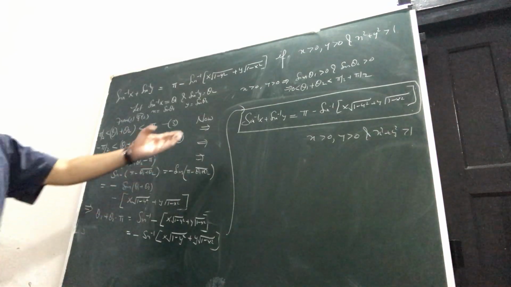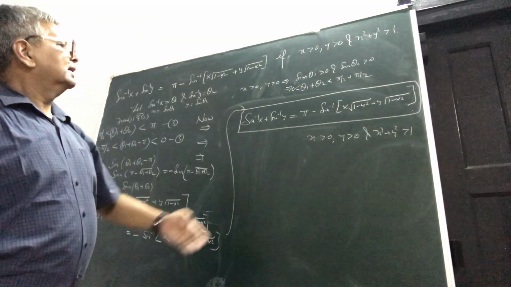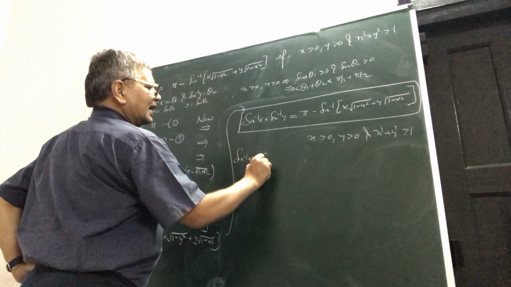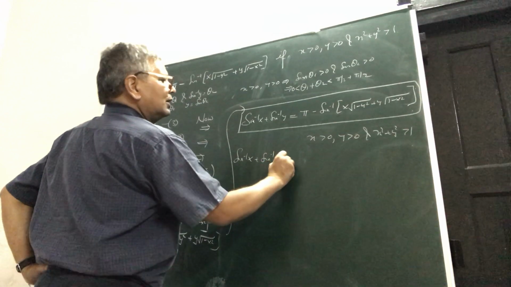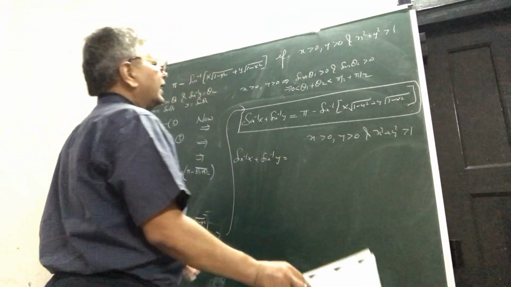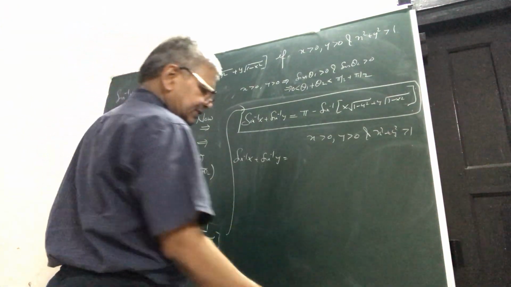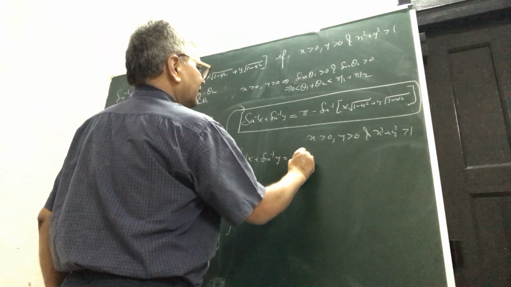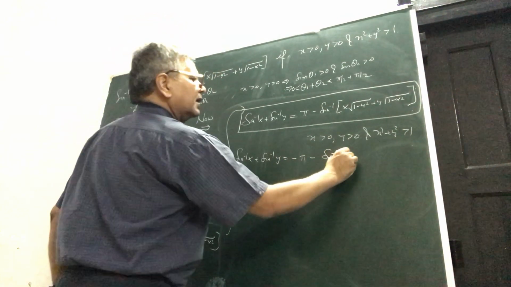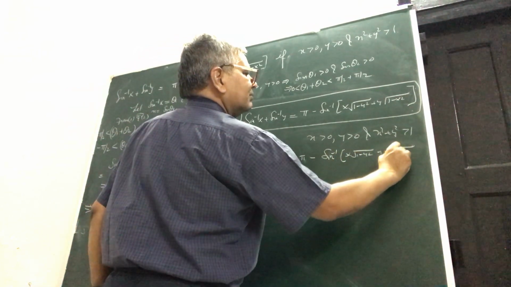Now see, from this result we will prove the other result. That is, we will derive the result that sine inverse x plus sine inverse y is equal to, in place of pi, minus pi. Yes, it is minus pi only: minus pi minus sine inverse of x under root 1 minus y square plus y under root 1 minus x square.